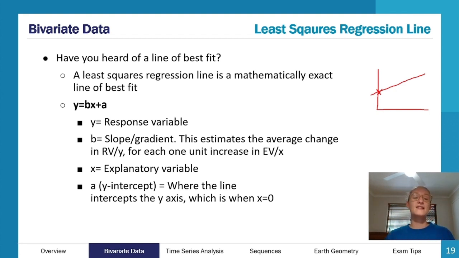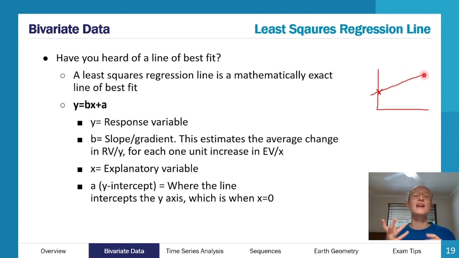Coming back to the slope and the gradient, that estimates the average change in the response variable for each 1 unit increase in the explanatory variable, or the x in the case of the formula. So for every 1 unit increase we have in the x, plotted along this axis, what's happening to our response variable? In this one, we can see that with each 1 unit increase, our response variable is also increasing.